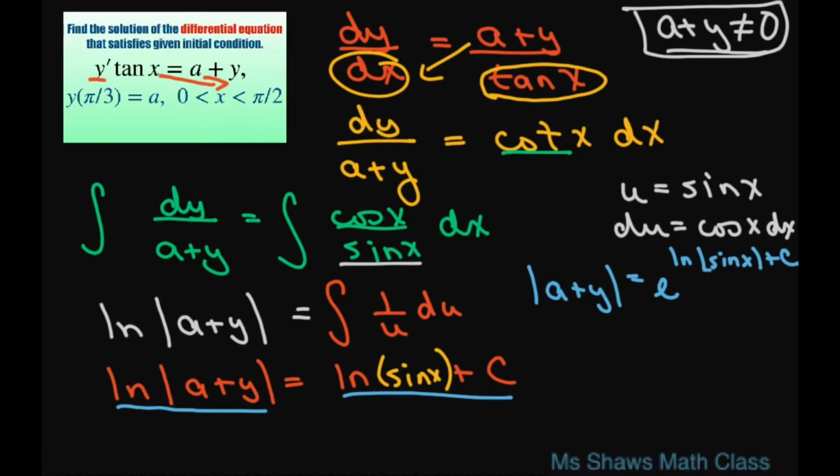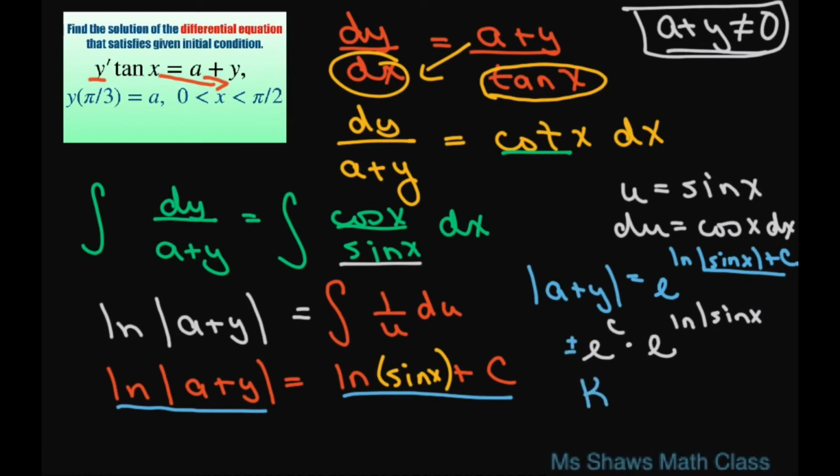Of course, I can bring this down as well, but what I want to do before I move on is rewrite this. This can be written as e to the power of ln of absolute value of sine of x times e to the power of c, using your properties of exponents. Therefore, I can let k, and we can also write this as plus or minus, but we'll do that in a minute.